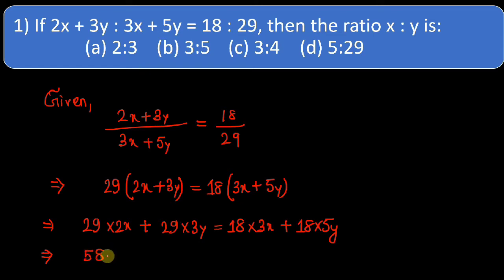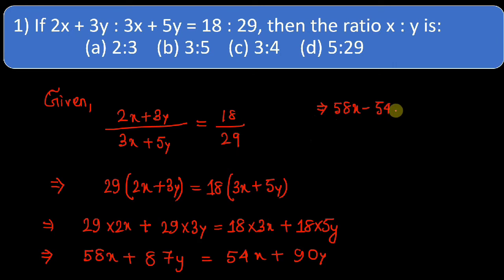It is 58x plus 87y equals 54x plus 90y. Now this will be 58x minus 54x equals 90y minus 87y.